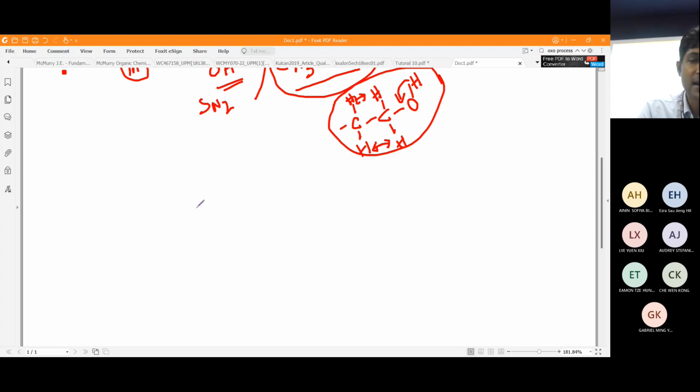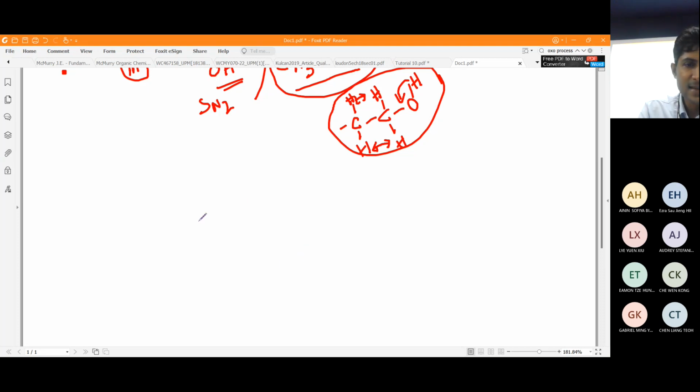Consider the halogens as attackers now. It's not a leaving group here, but a halogen attacker, because there can be many different types of nucleophiles and leaving groups, as we have just seen from the lecture slide, and many different products can be produced through SN1 and SN2 type reactions.